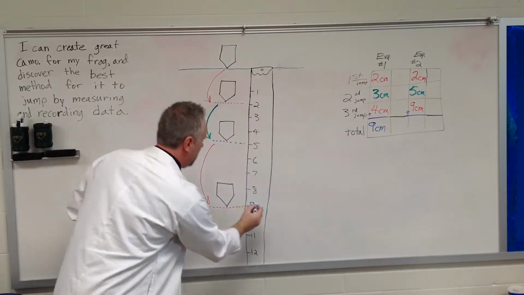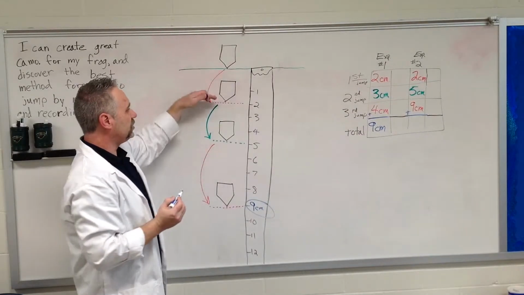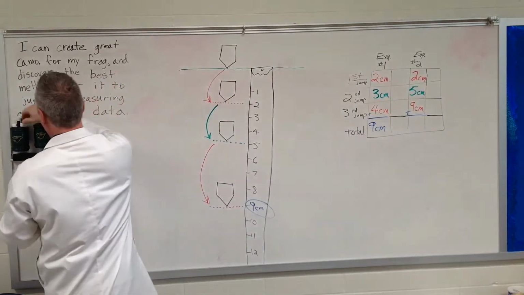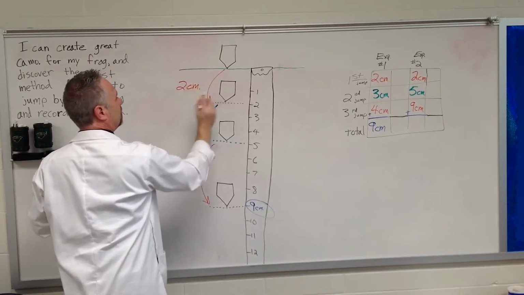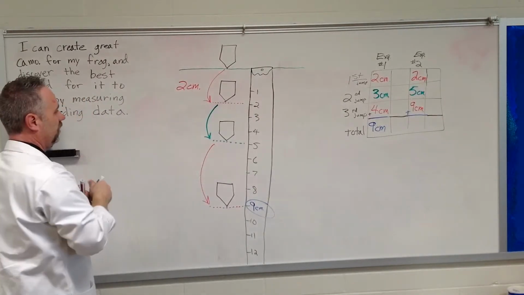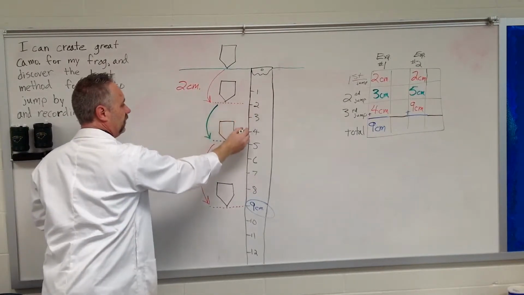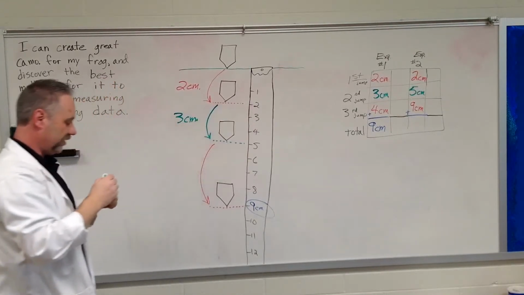Now, does that match? Yes. So I think he knows, okay, the first jump, well, that had to be 2 centimeters. Does that agree with our data? Yes. The second jump, he says, is 1, 2, 3 more. Does that agree with our data?